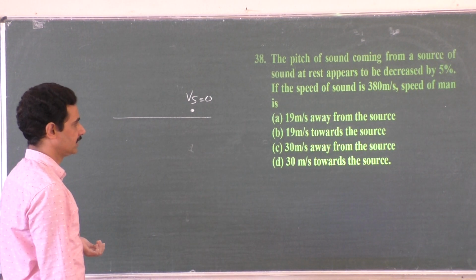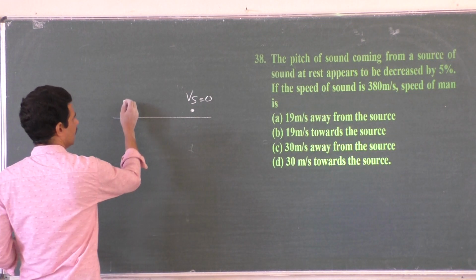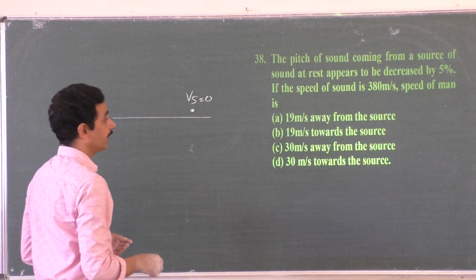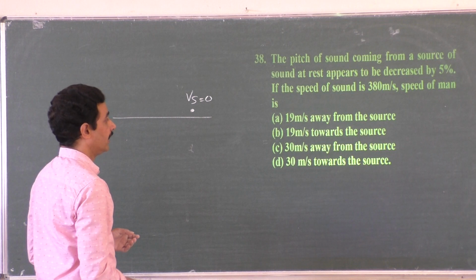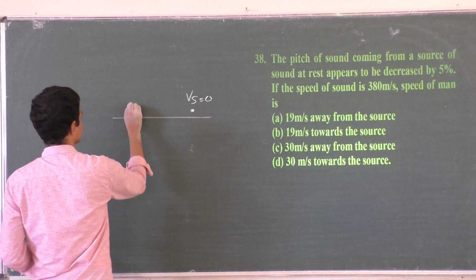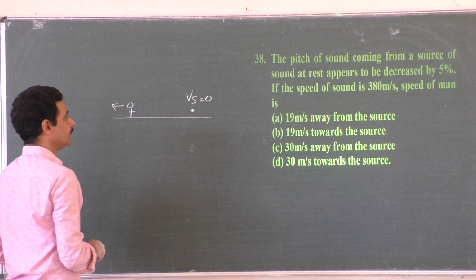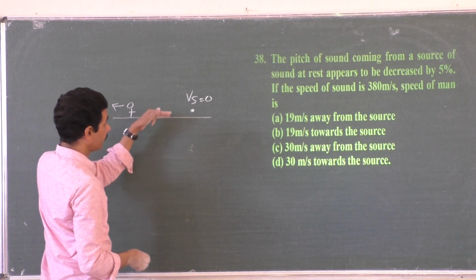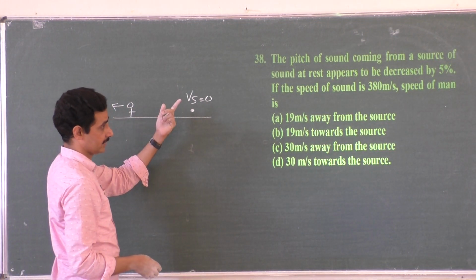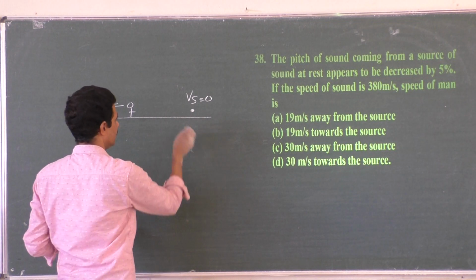If the speed of sound is 380, speed of man is... Decreased means this person should move away, am I right? Otherwise, how could it be? If he is approaching, it should be increased by 5%. Now it is decreased by 5%.